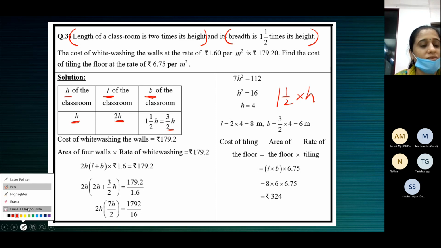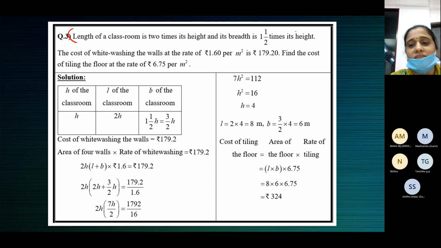So we've read the question till here and we've done the assumption. Length is twice the height, breadth is 1.5 times the height, and the height is h itself. Now read ahead. The cost of whitewashing the walls at the rate of 1.6 rupees is rupees 179.20.